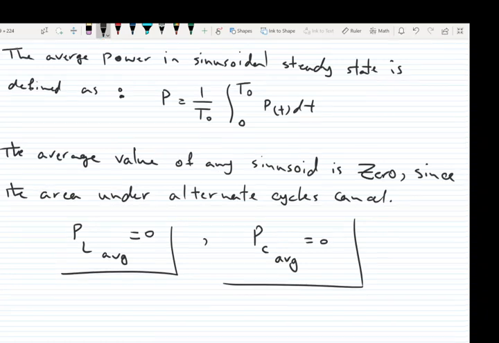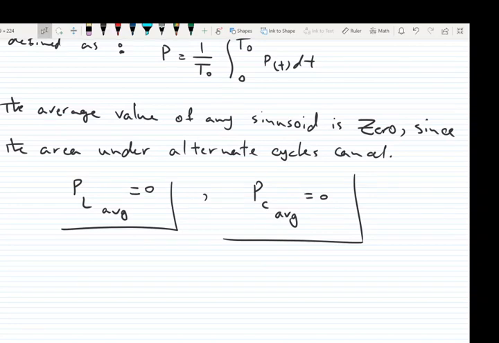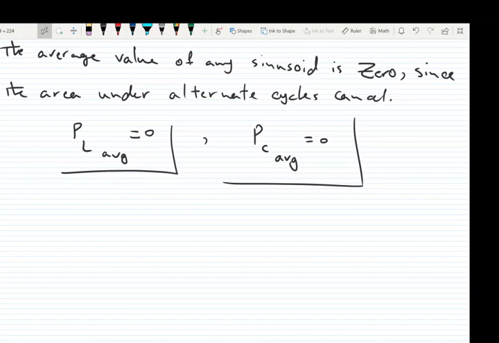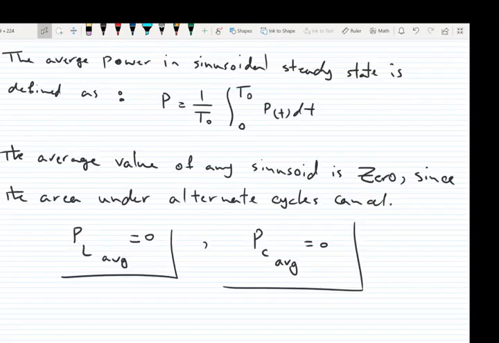But what about the resistor? In the resistor, we know that we have both a sinusoid AC component and a constant DC component.